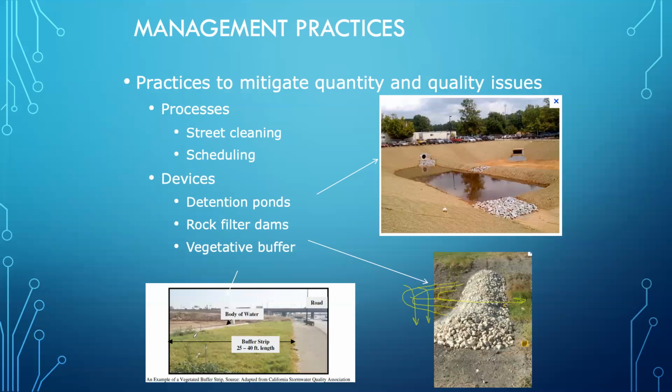The other structural method depicted in this third photograph goes by the name of vegetative buffer strip. It's just a lawn that's put between a source of storm water that may be polluted and a receiving body. And so when it rains, the flow would be across that buffer strip to the receiving body.